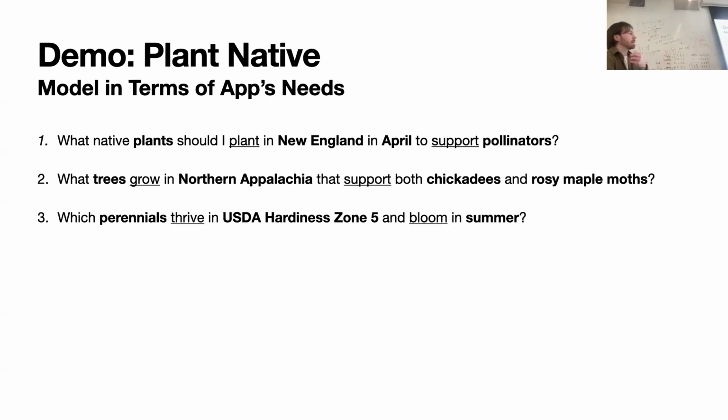I should be able to ask the database, what native plants should I plant in New England in April to support pollinators, or what trees grow in northern Appalachia that support both chickadees and rosy maple moths, or which perennials thrive in this hardiness zone and bloom in summer. So we have some pretty complex queries and complex relationships in these questions.